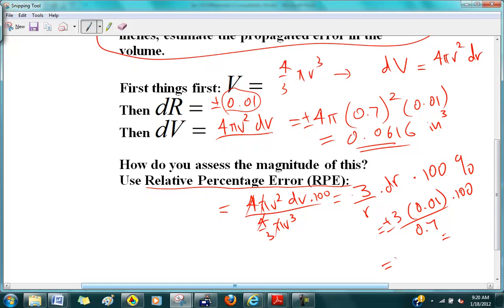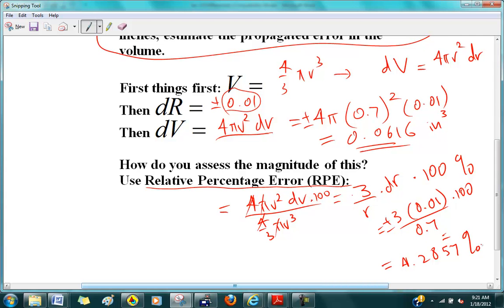So that's 3 times 0.01 times 100 over 0.7. 4.2857%. Don't forget the percent sign. So this gives you a better feeling. The error is like 4%, a better feel than just the number 0.0616.